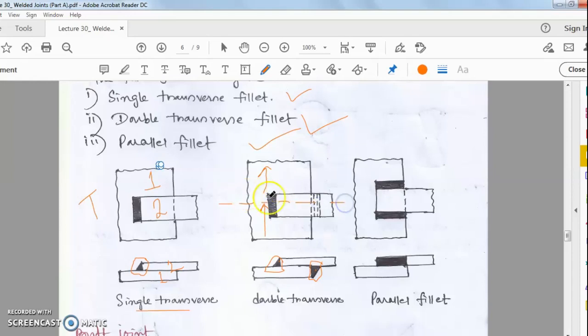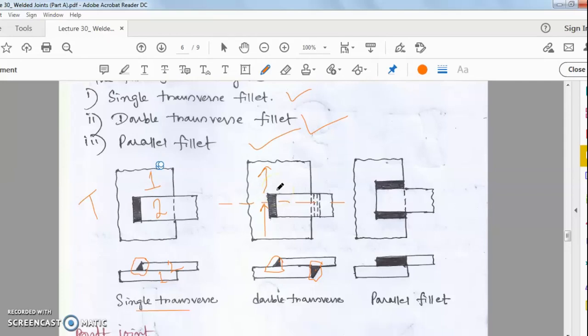So that is perpendicular. So that is what is called transverse. Here the welding path is along the y-axis, or the welding run is along the y-axis, and the x-axis represents the central axis of the joint metal. So here you see these two planes are absolutely perpendicular. So you can say this is a transverse joint.